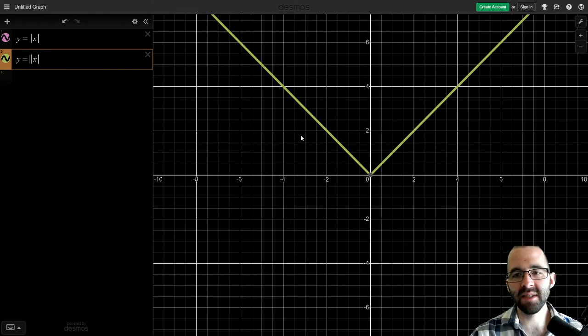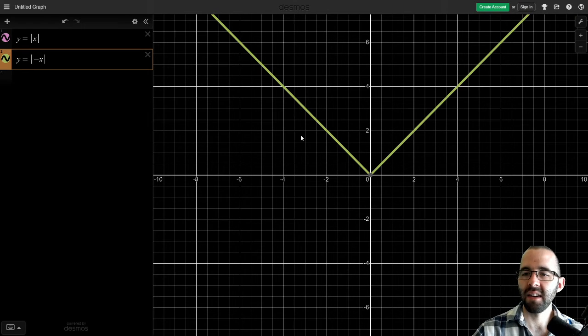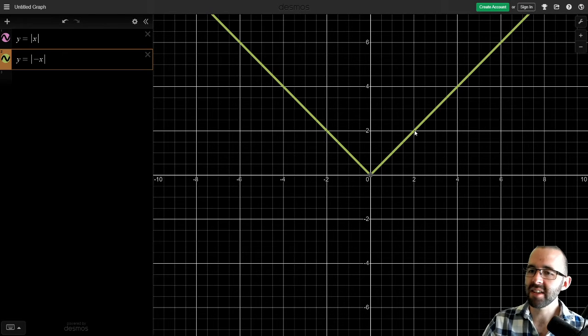Something kind of funny happens, right? What if we put the negative on the inside here? Nothing changes, right? Because if we flip this left to right, flip it about the y-axis, well, then it's still the same thing because it's already symmetric.